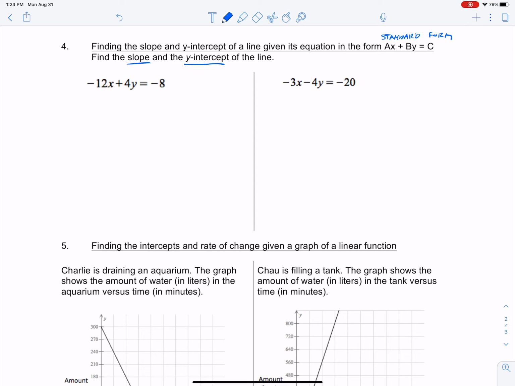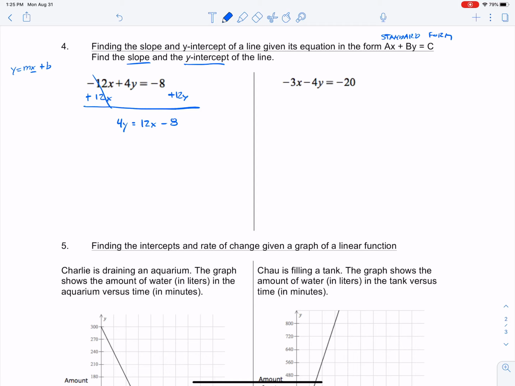How can we get this to look like slope-intercept form, which is y equals mx plus b? Notice my x is on the left-hand side of the equation, but in my formula, my x is on the right-hand side. So let's just add 12x to both sides. I'm left with 4y equals 12x minus 8.